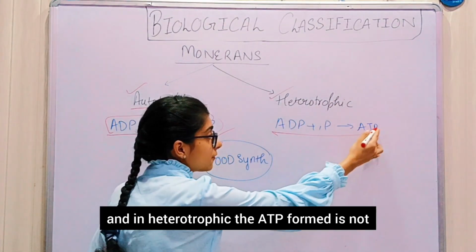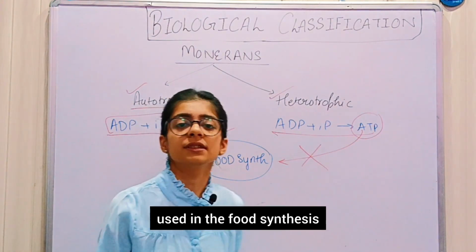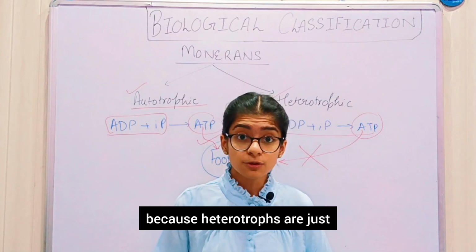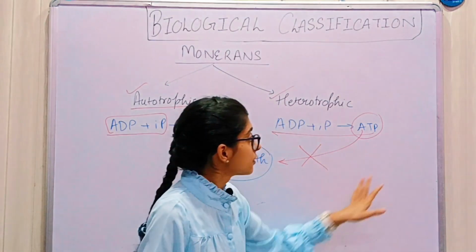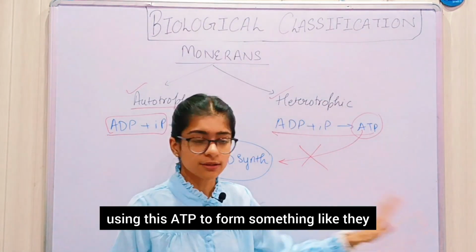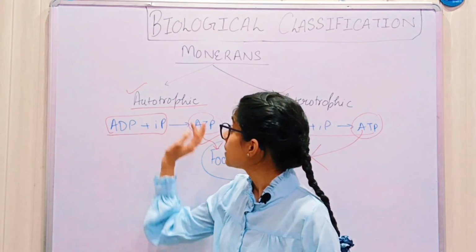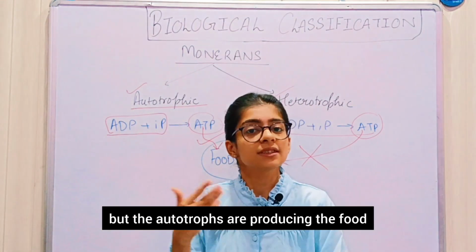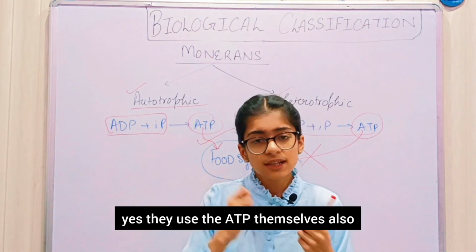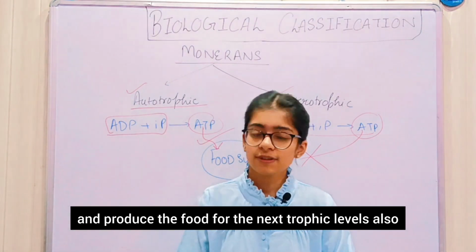And in heterotrophs, the ATP formed is not used in food synthesis because heterotrophs are just using this ATP, like we are not producing any food, right? But the autotrophs are producing the food. Yes, they use the ATP themselves also and produce the food for the next trophic levels also.